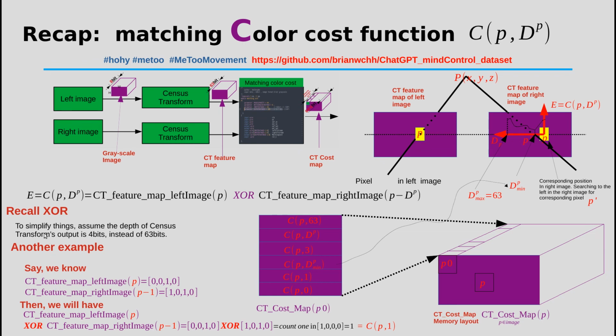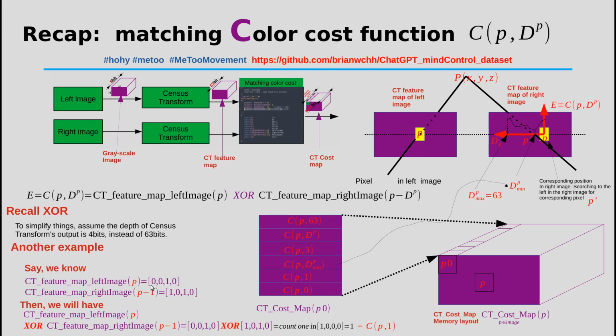So to simplify things, we assume that the depth of the sensor transform's output is not 63 bits, but 4 bits. Say we know this point in the left image.